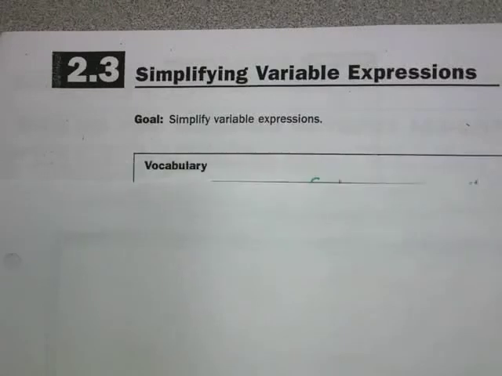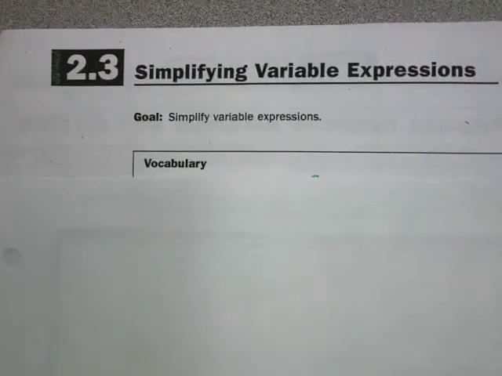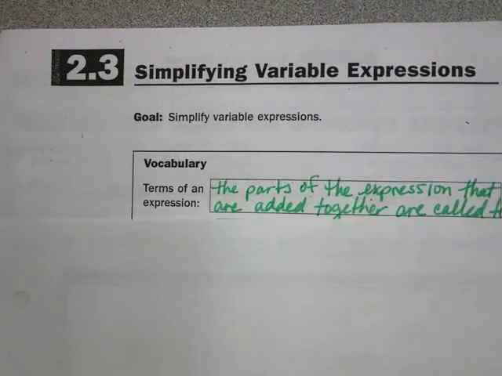Okay, so we need some vocab before we start to make sure that we have this common language we're going to use all year. So the first one is terms of an expression. Terms of an expression are the parts of an expression that are added together, and those are called the terms. Now you may say, hey, Mrs. Wyman, what if I have a subtraction sign?